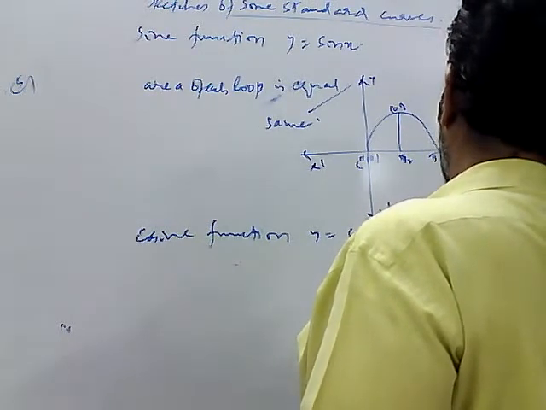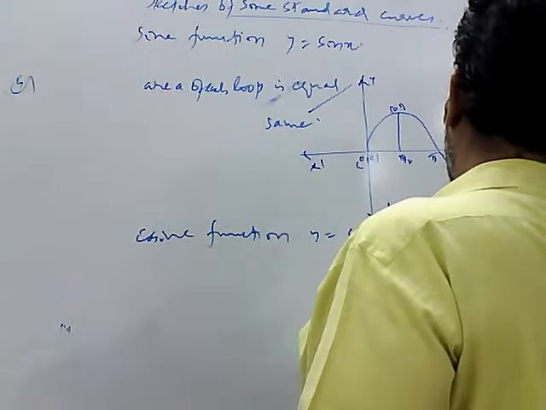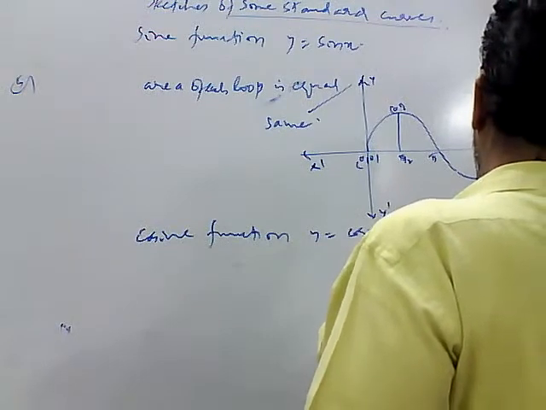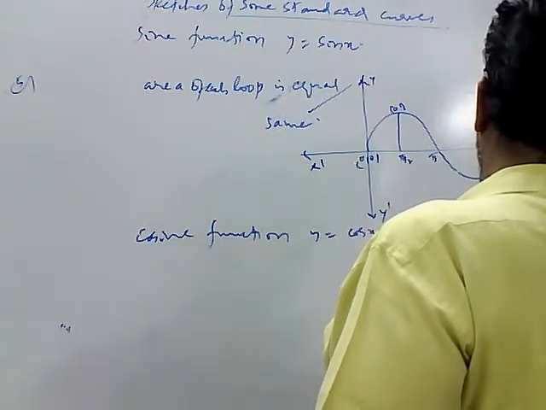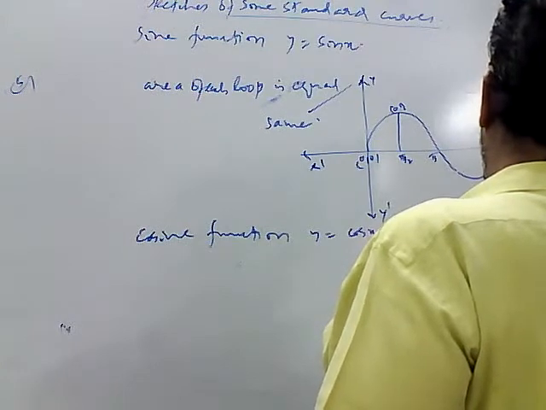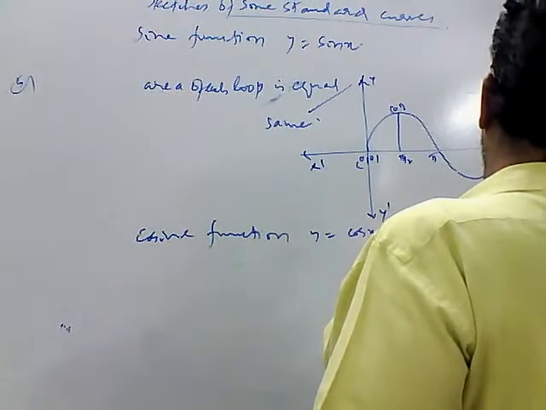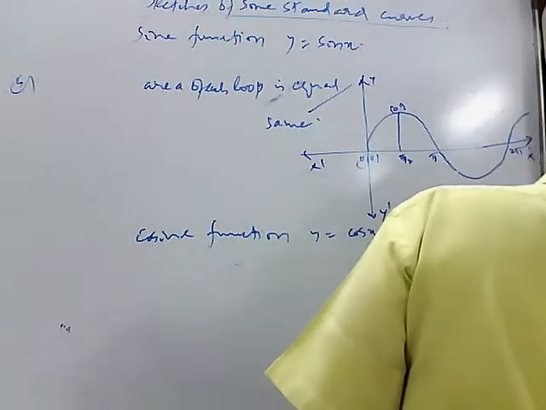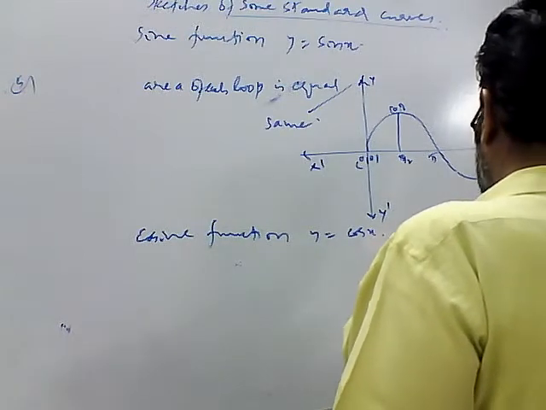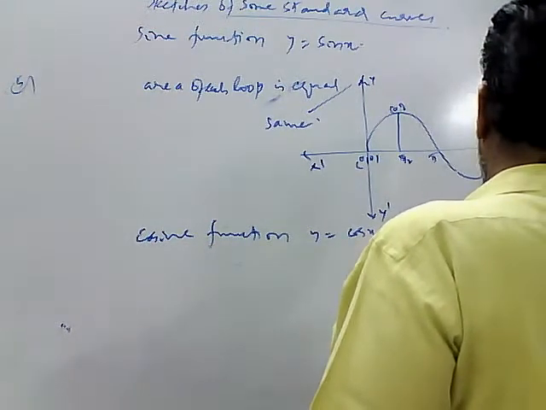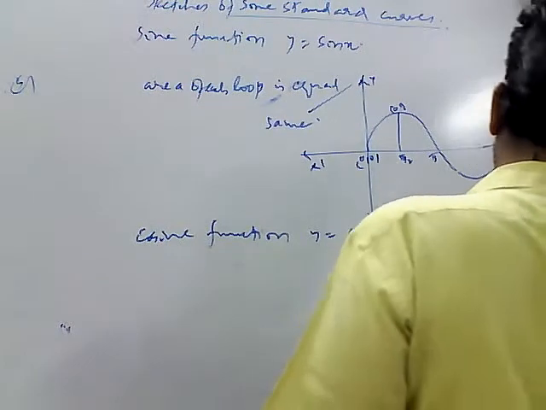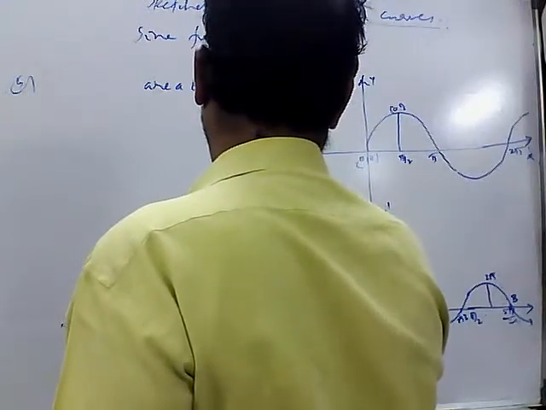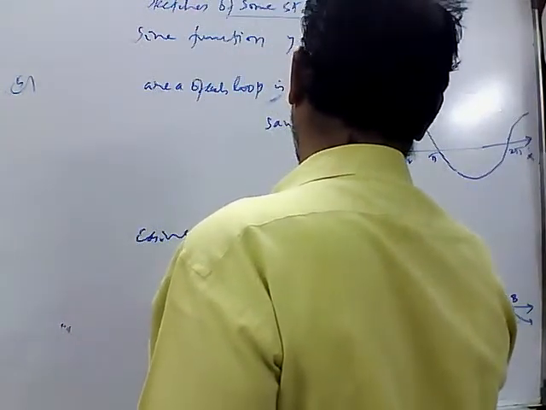This is 0, 1. This is pi by 2, 3 pi by 2, likewise. This is pi, this is 2 pi, etc. Area of each loop is the same.